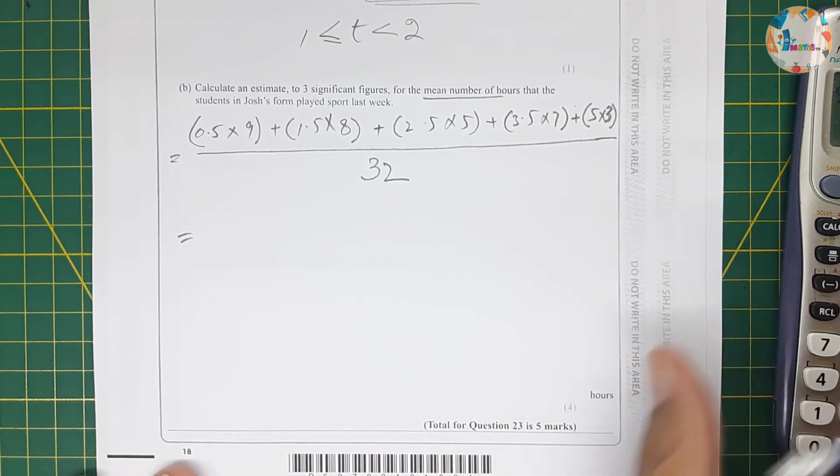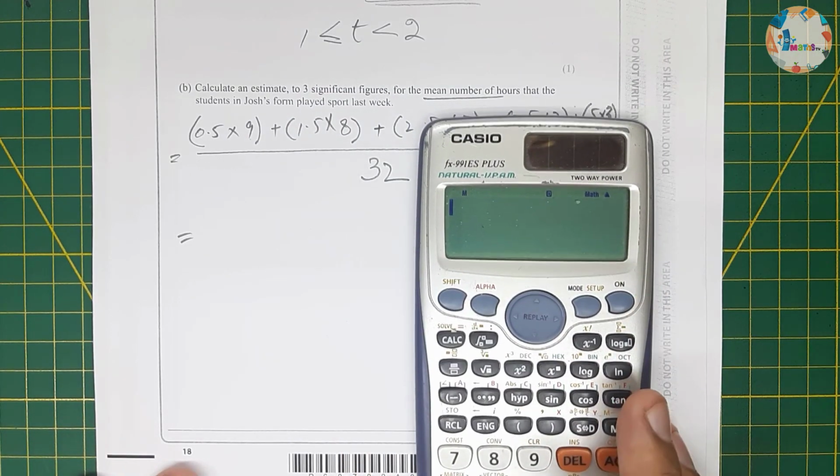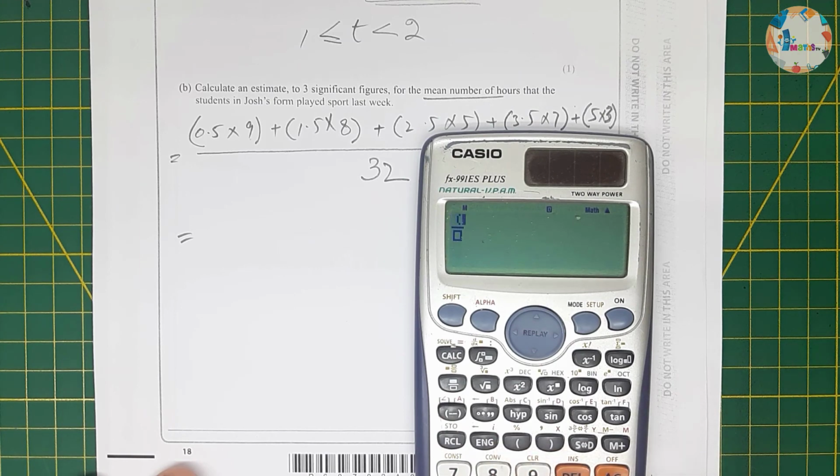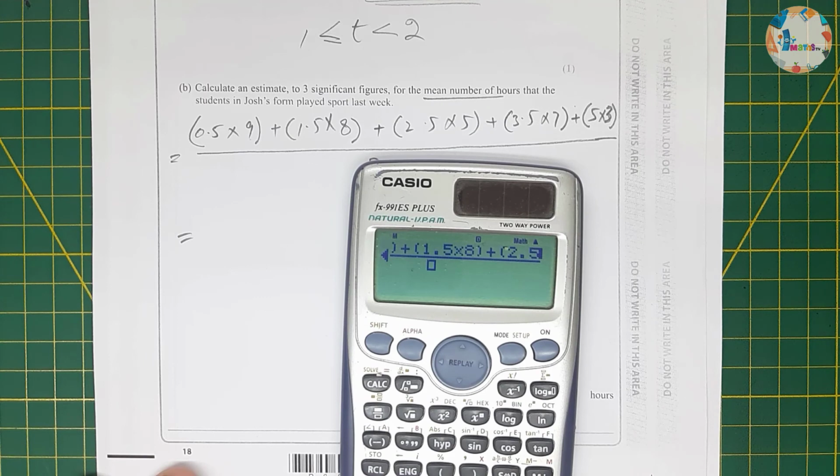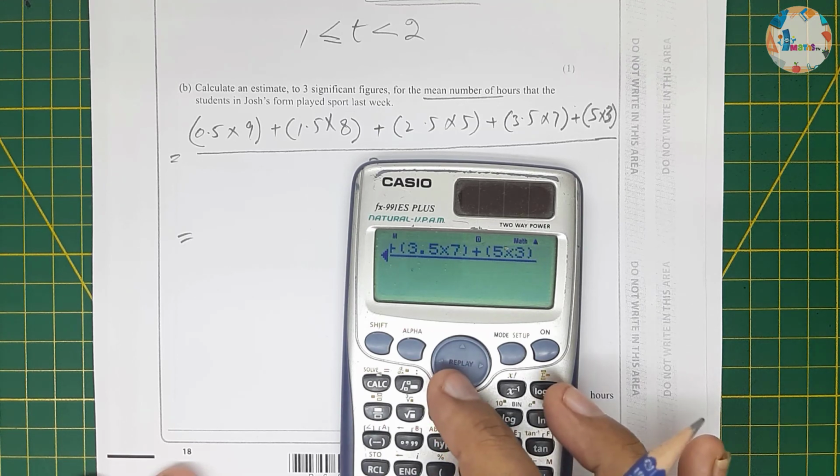Now we can write here. Our fraction will start with 0.5 into 9 plus 1.5 into 8, then plus 2.5 into 5, and the next value will be 3.5 into 7, and the last value will be 5 multiplied by 3, and close the bracket.